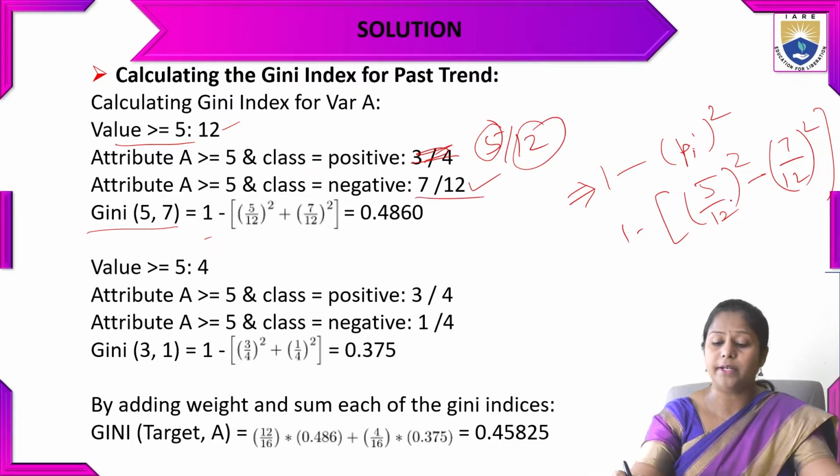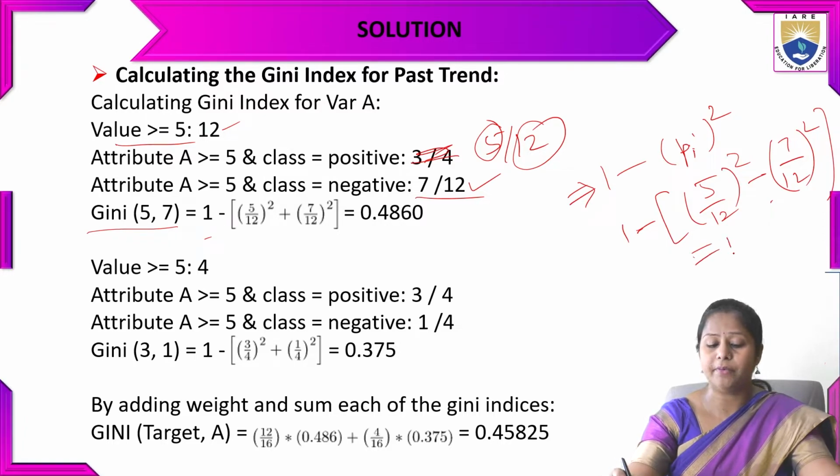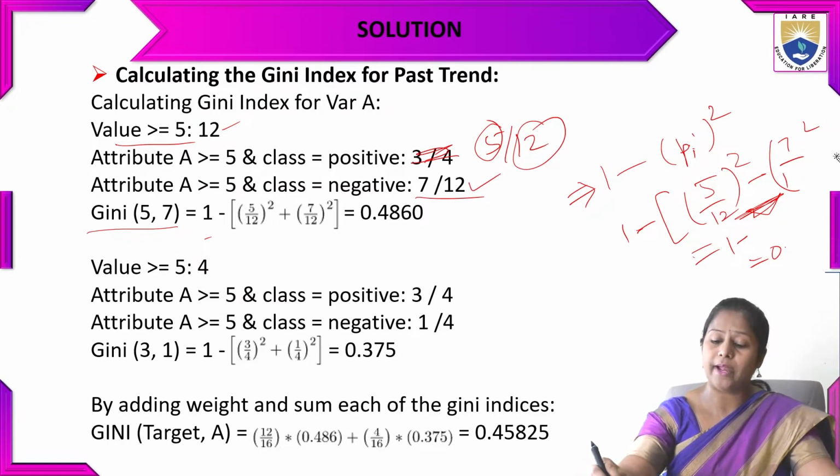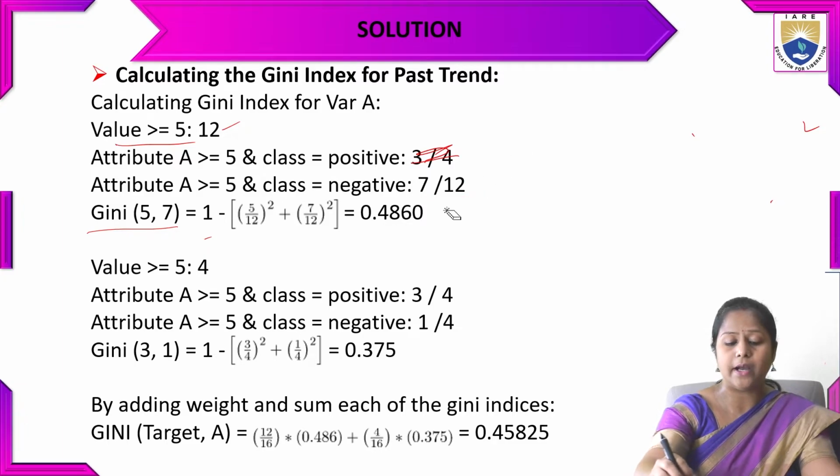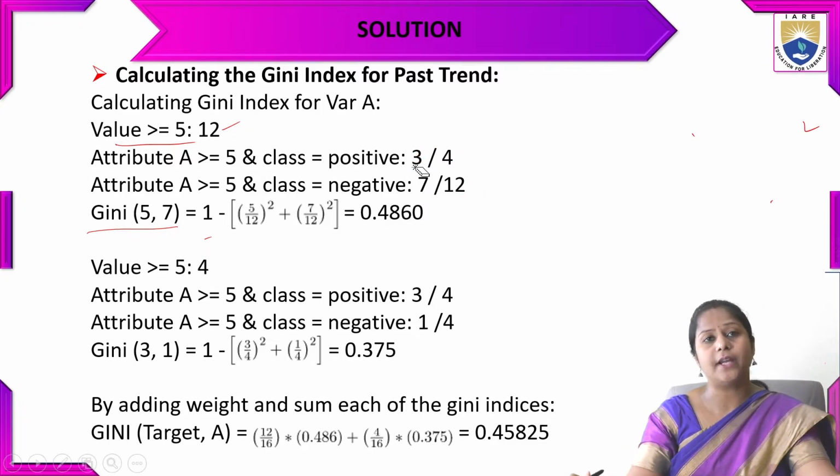So now we will calculate the Gini index: 1 minus (5 by 12) squared minus (7 by 12) squared. The calculation comes out as 0.4860. So the Gini index for 5 and 7 will be 0.4860, right? Now we will see what the Gini index is for the other values.